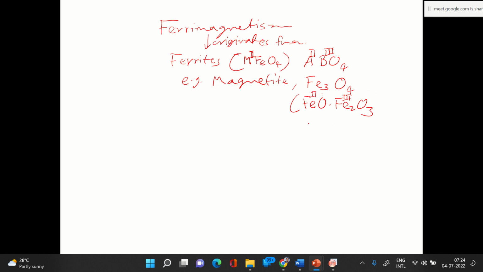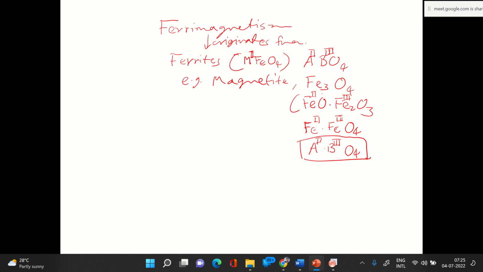Or you can also write it in the form of this, AFe2O4. That's what the general formula would be. Ferrites have one metal in the divalent state, another metal in the trivalent state, and O4. This kind are called ferrites, and mostly the B that we are talking about is iron.